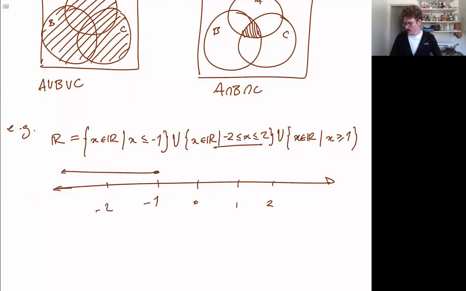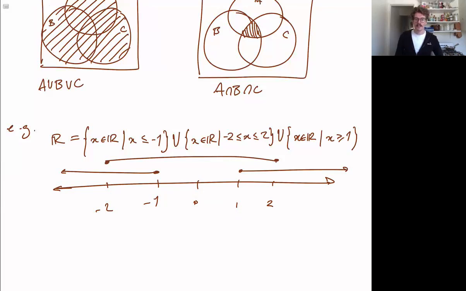The second set is things between -2 and 2, so it is like this. And the third set is things that are at least 1, so it looks like this. And to say that it's the union of these 3 sets is to say that every point lies in at least one of them. And you can see that it does, right? These points all lie in this set, and then these ones lie in this set, and then these ones lie in this set.